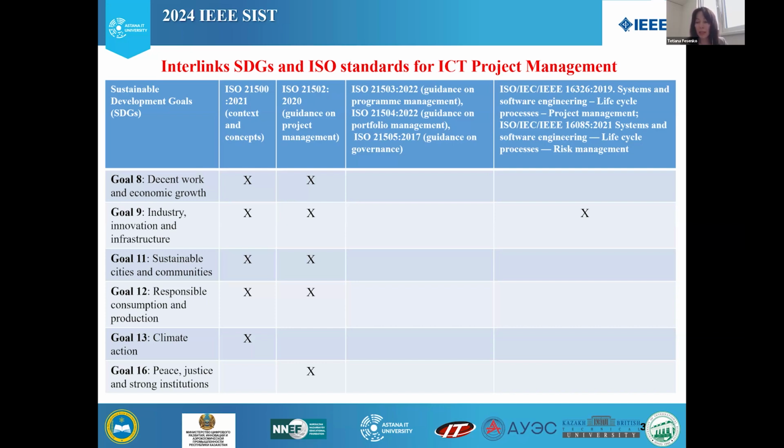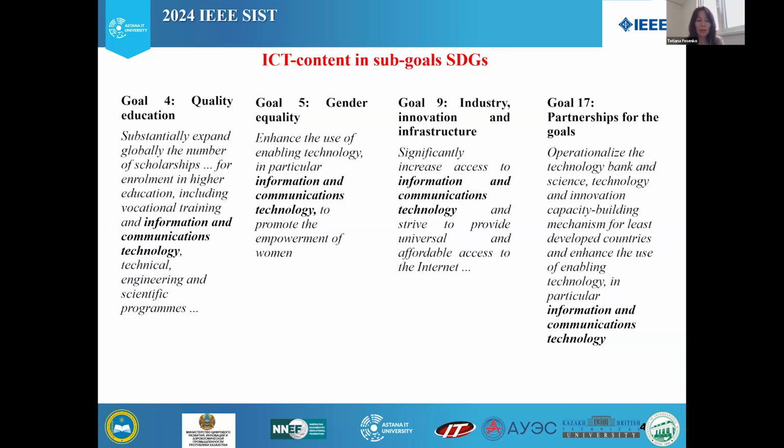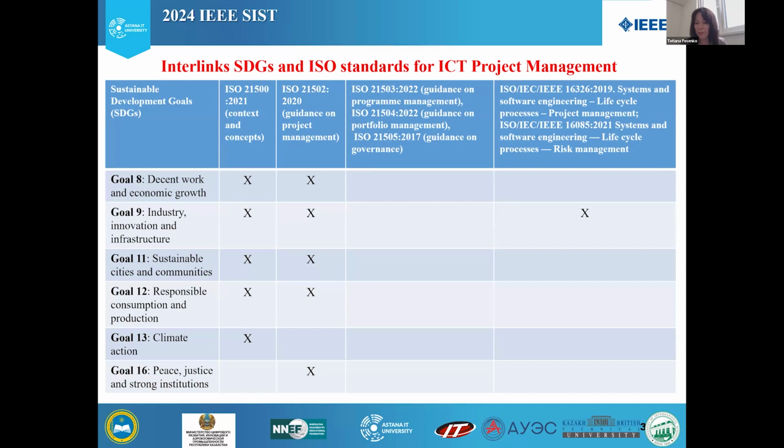SDG 9, industrial innovation and infrastructure. The initial analysis of ISO shows the presence of relevant links only to sustainable development goals 8, 9, 11, 12, 13, and 16.